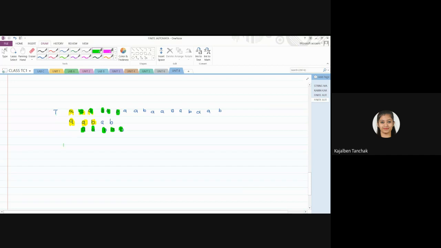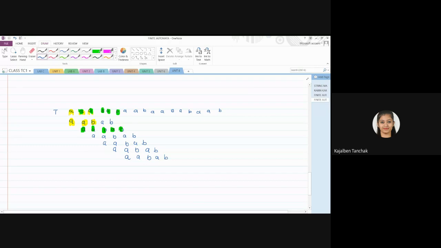Right? Now you will shift your pattern by 1 bit again. Again you will match A and A matching. A and B is not matching. So what you will do, again shift by 1. B and B. B and A, is it matching? No. Again you will shift by 1. A and A matching. A and B is not matching. Again you will shift the pattern by 1.